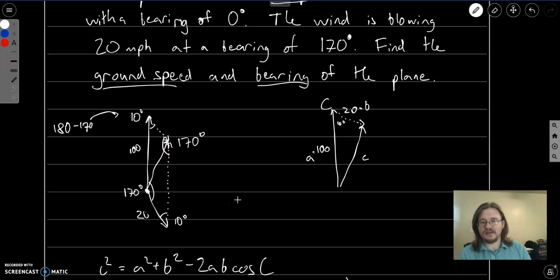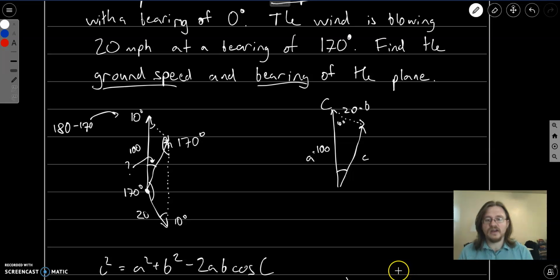So the bearing is going to be the difference between due north and the actual direction you're going in. So here, I want to know this angle. This angle is going to be the bearing that the plane is flying in. It's the difference between the direction the plane is flying in and due north. So that angle is just this angle right here.